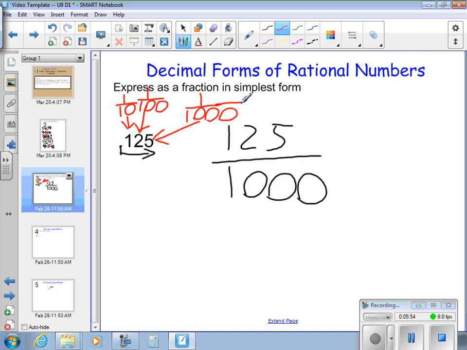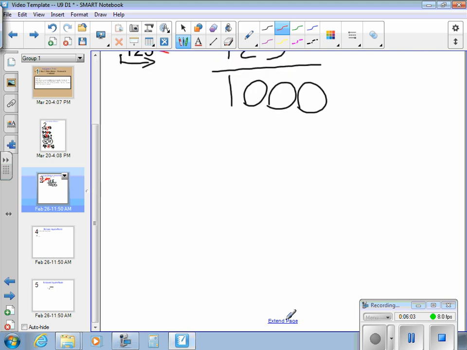So this number is 125 thousandths, or 125 over 1,000. Now we need to reduce this. Let me gain myself a little bit of room here. And I'm going to rewrite it down here so I have room to play with. So 125 over 1,000.